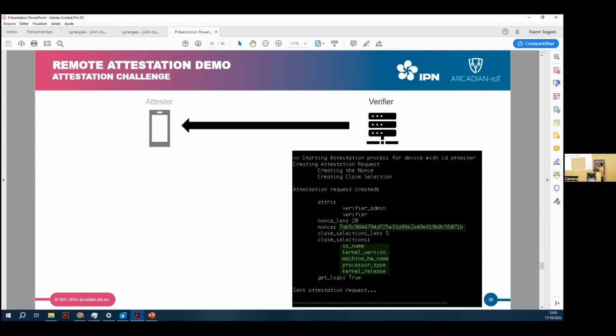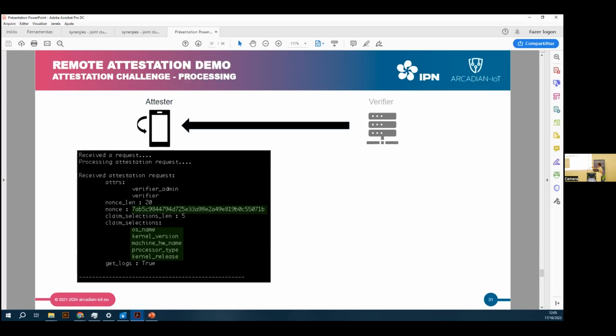It does so by first generating a nonce and the claim selection, which are highlighted in this image. This is sent to the attester, which then receives it. Here again, we have the nonce and the claim selection highlighted, and it proceeds to process this request.